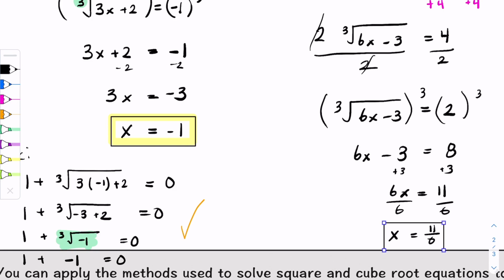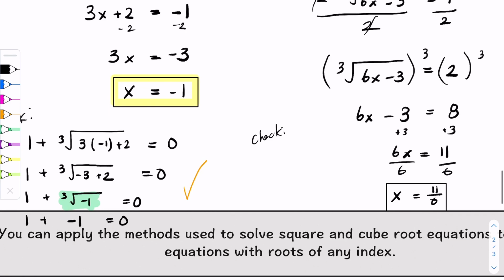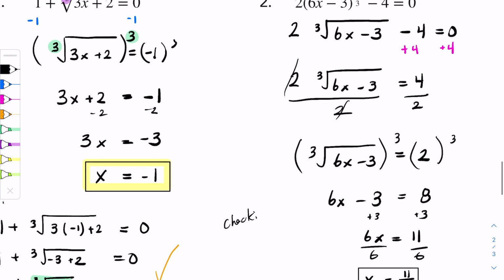So you do have to check this answer, even though it is a fraction. You should still check it. So to check this, we end up with 2 multiplied by 6 times 11 over 6 minus 3, raised to the power of 1/3, minus 4 equals 0.